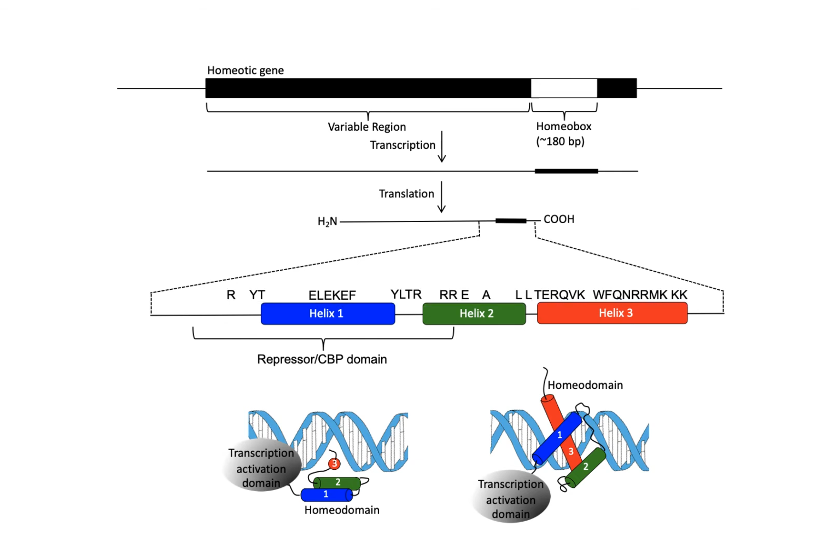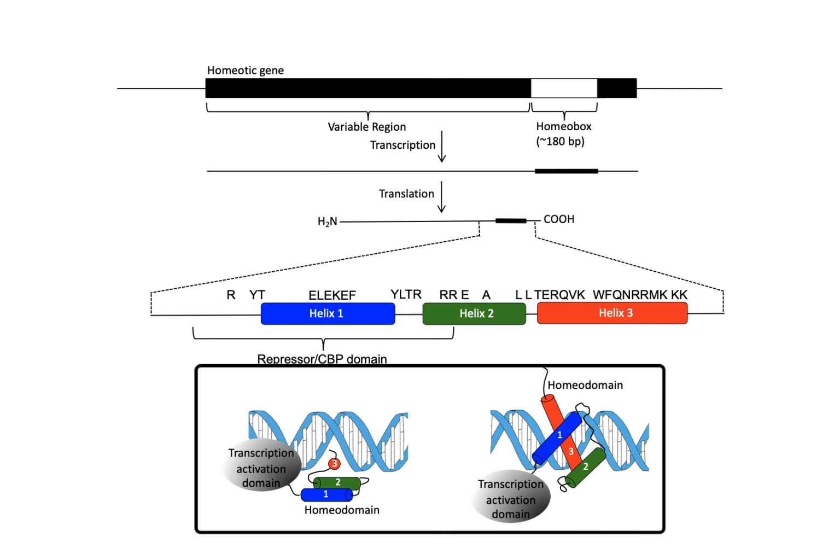And if you look at how those act, the variable region up here acts as a transcription activation domain for different genes. And then the homeodomain is the part that can attach to the DNA. So it's a DNA binding protein. So this helix 3 has a binding portion that binds in the large groove of the DNA.